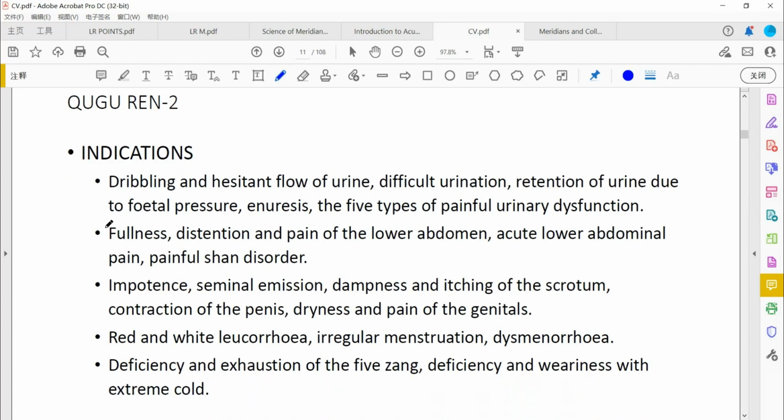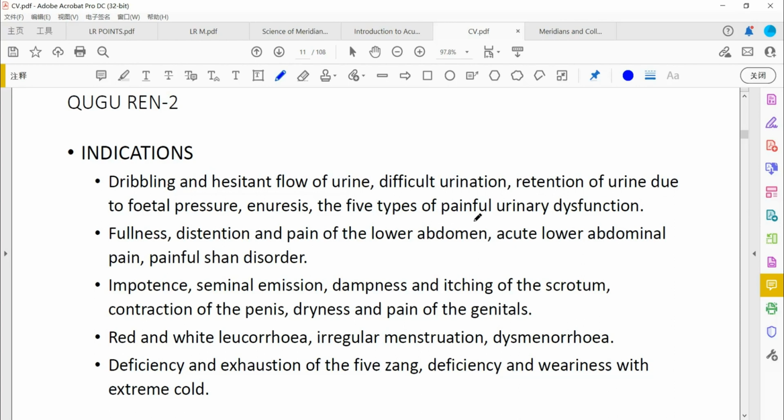Indications: dribbling and hesitant flow of urine, difficult urination, retention of urine due to fetal pressure, enuresis.